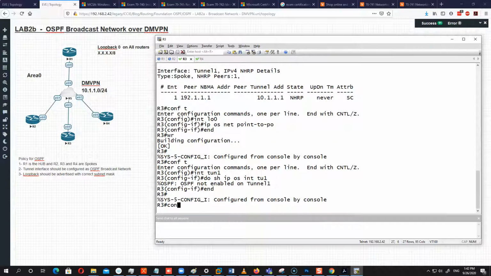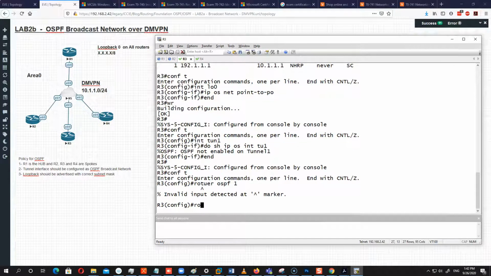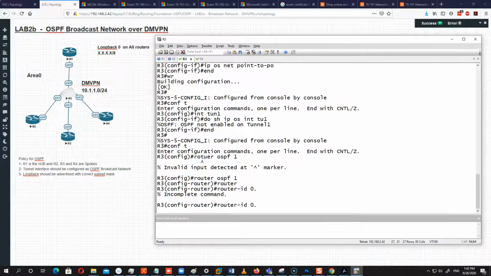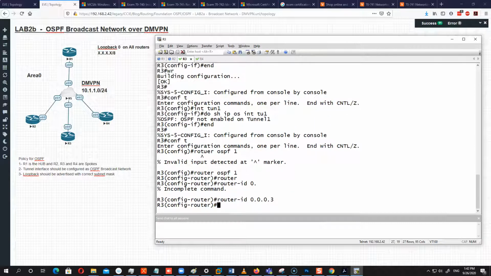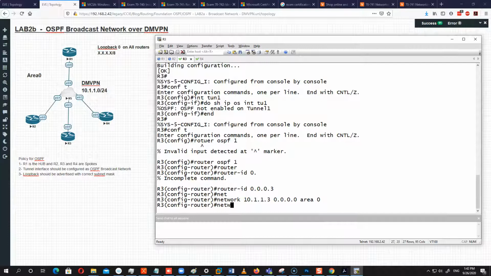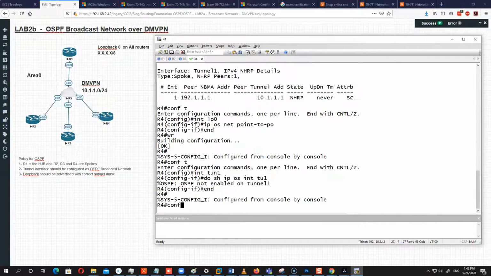Let's go to router 3, config T, router OSPF 1, router ID is 0.0.0.3, and then network is 10.1.1.3 in area 0, and then network is 3.3.3.3 in area 0, and then router 4 will do the same.